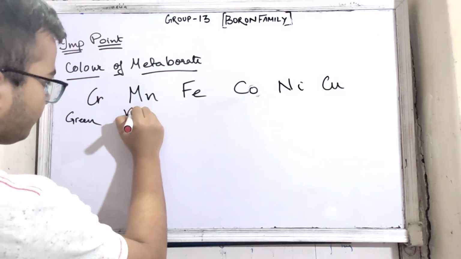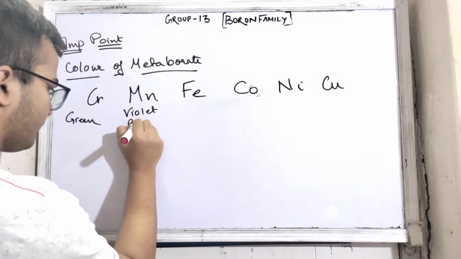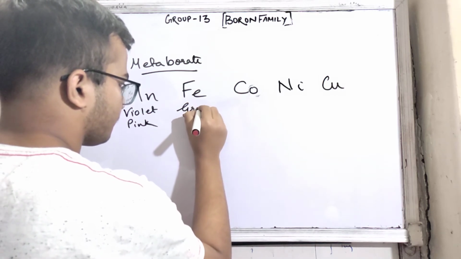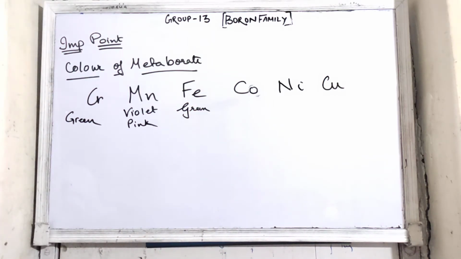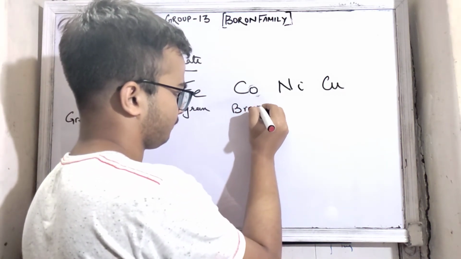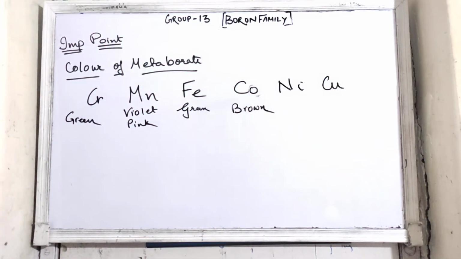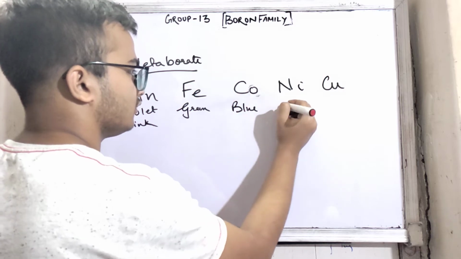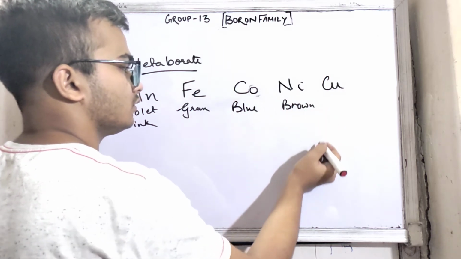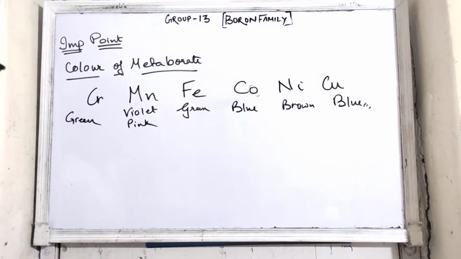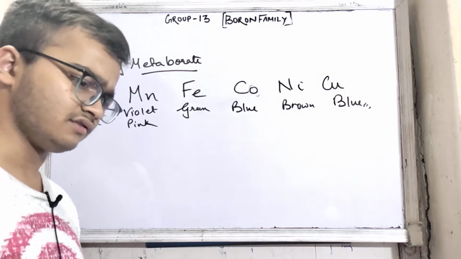This is violet, or you can say pink. This is again green. This is your brown. I'm sorry, this is blue, this is brown, sorry. And this is again blue. So these are the colors of metaborates which you can use for identification, right?